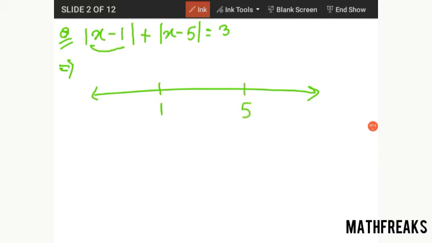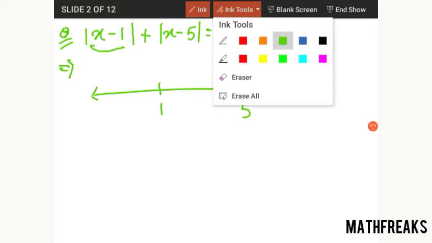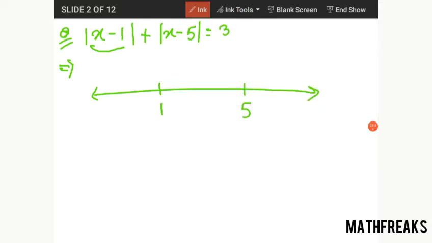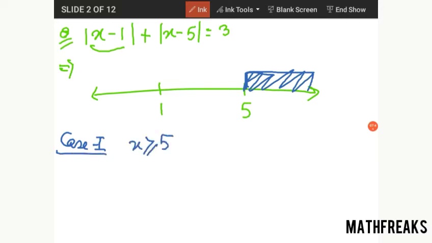Now you have to make cases. Let us see how we will make cases. First of all, I will take x greater than or equal to 5. Like I am taking the value of x in this region. So case 1 is x greater than or equal to 5.